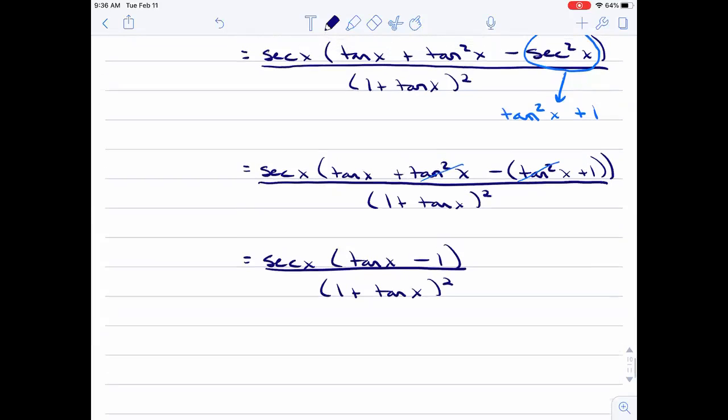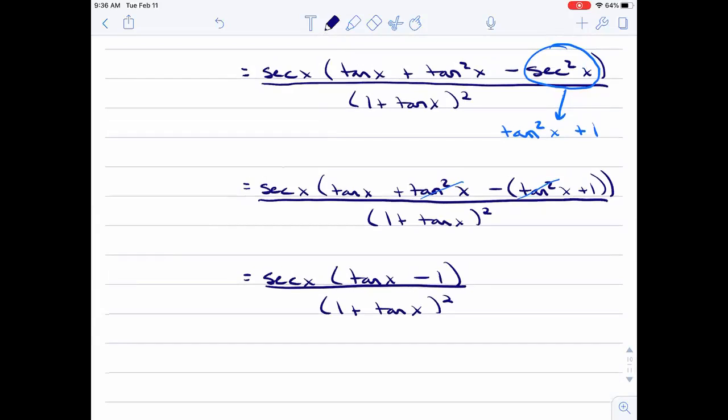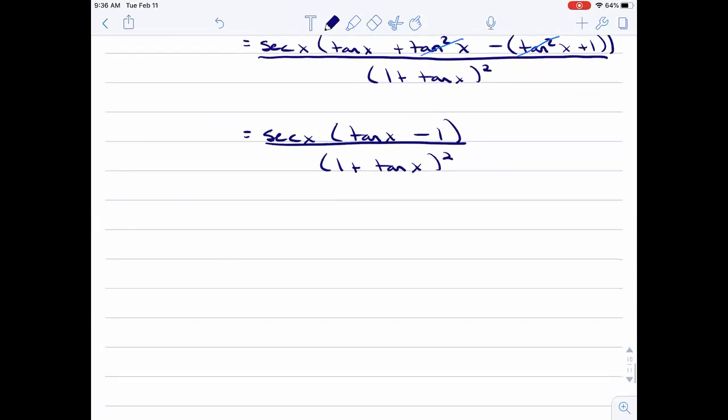So now, this is the slope of the tangent line at any value of x. But we want to force this tangent line to be horizontal, right? So have a slope of 0.